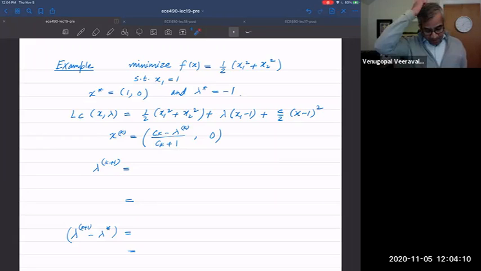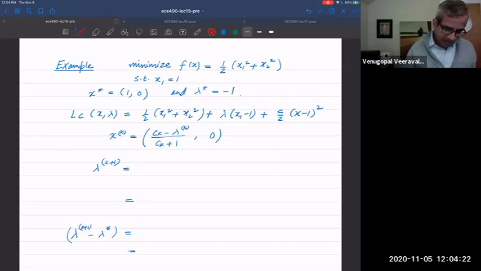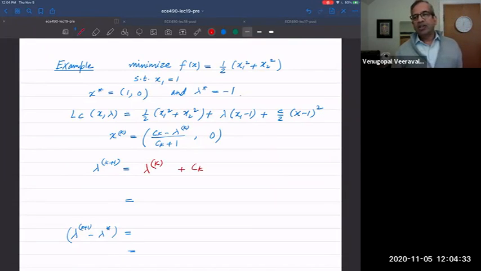But what about the Lagrangian parameter update, so the lambda update? This is our gradient ascent step. We will use lambda_k plus c_k times h evaluated at x_k. So I need h evaluated at x_k here. h is just x1 minus 1.